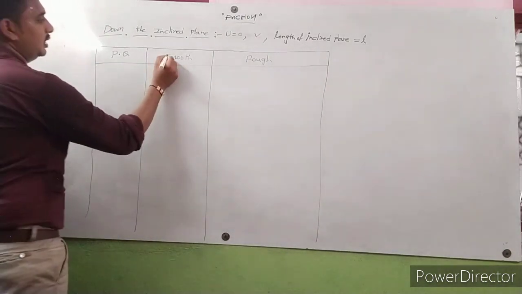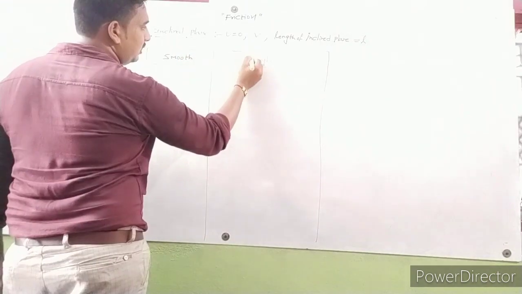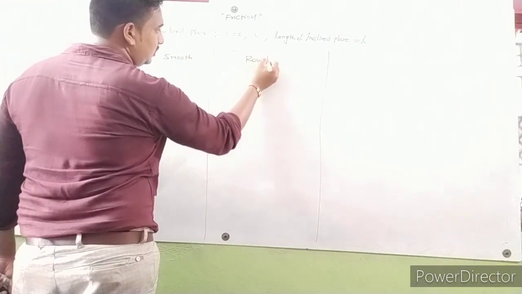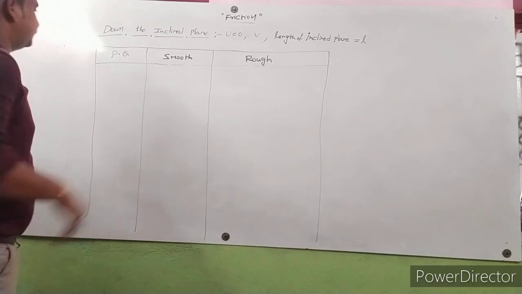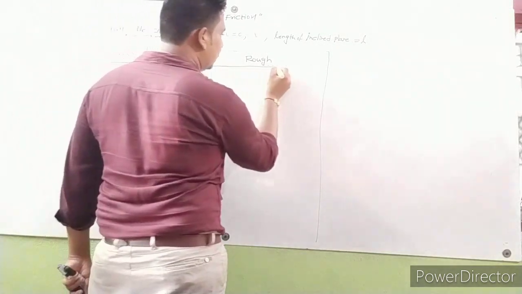One more time, what do I write? Smooth, and here is the rough inclined plane, right? So the physical quantities, one by one, I will write now.